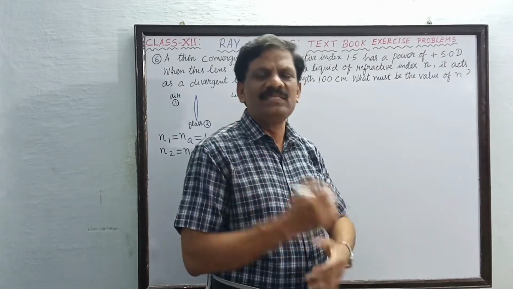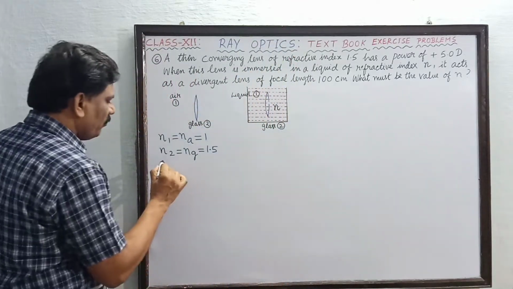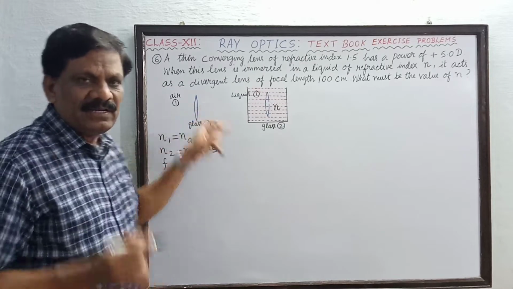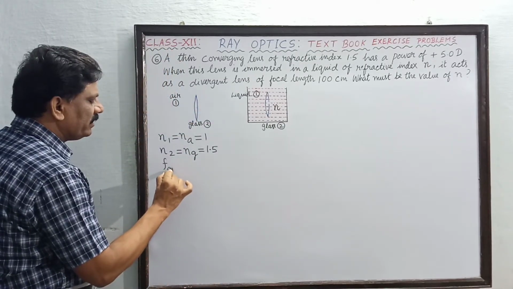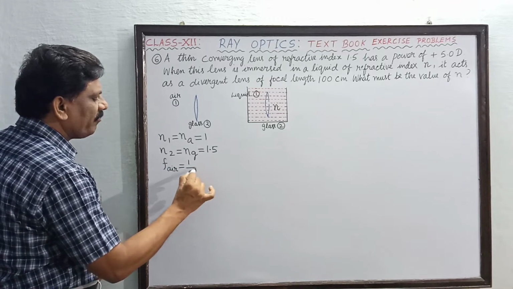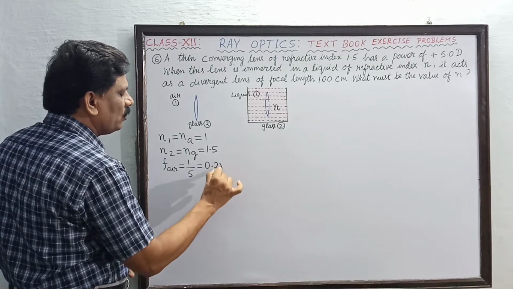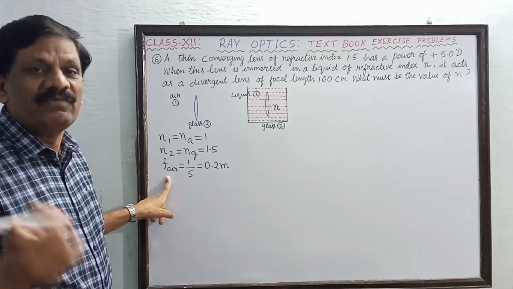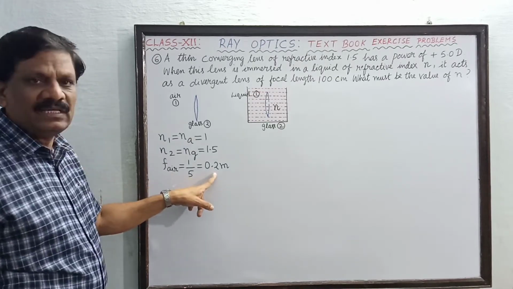If you take the reciprocal, you get the focal length. So the focal length of the lens when it is placed in air is 1 by 5, which is equal to 0.2 meter. This is the focal length of the lens when it is kept in air.